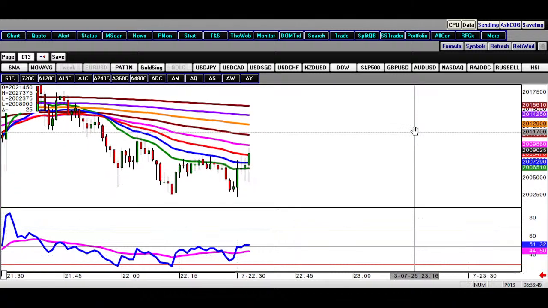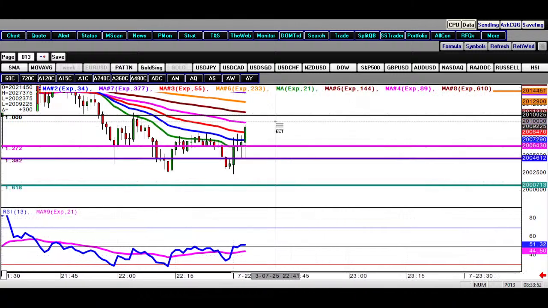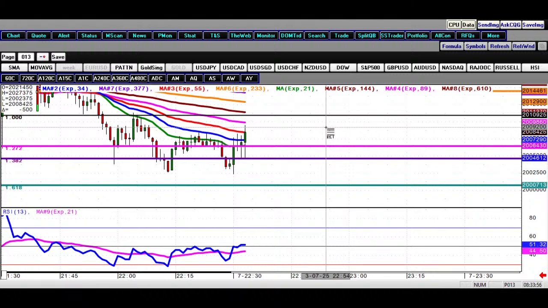So we've got to see price going above 06. Okay, right now it is about 88.